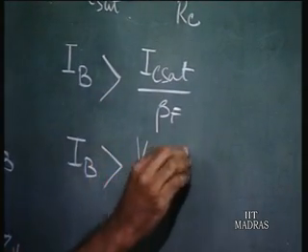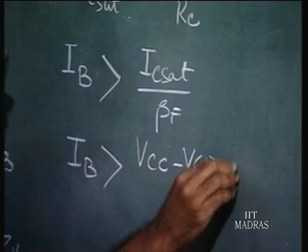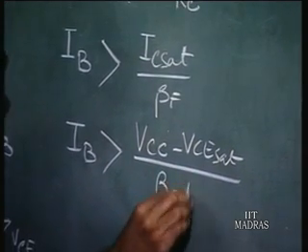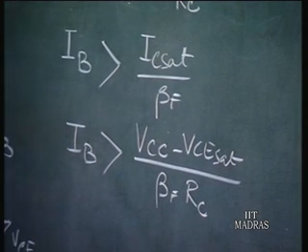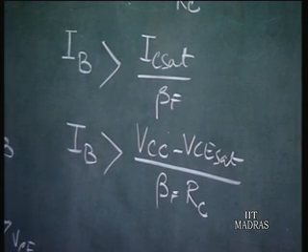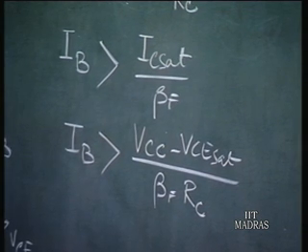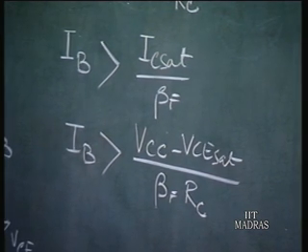which means that IB must be greater than VCC minus VCE sat by beta f times RC. Now we can actually put some values and see.